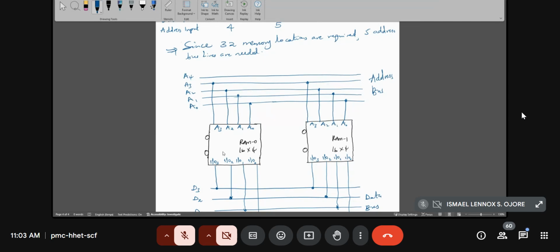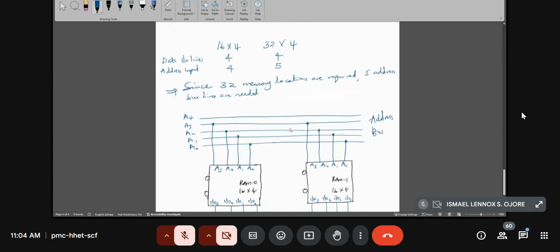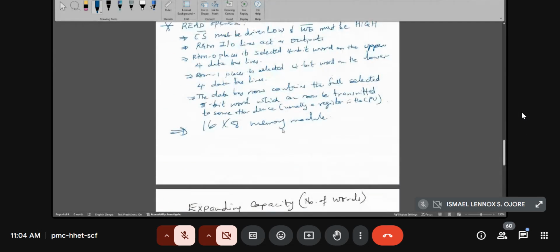Therefore, if you want to read the first 16 words, you just need to enable the first chip and disable the second chip. So that address line will essentially control the chip select line.